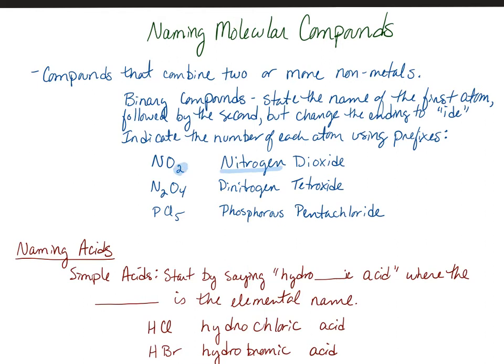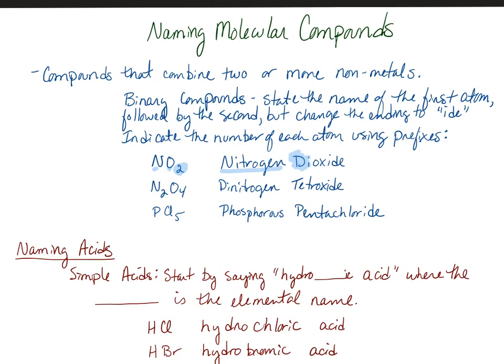That same mono, di, tri nomenclature that we just talked about, we're going to use that again, but we're going to put that in front of the element as we need to. So nitrogen dioxide is NO2.